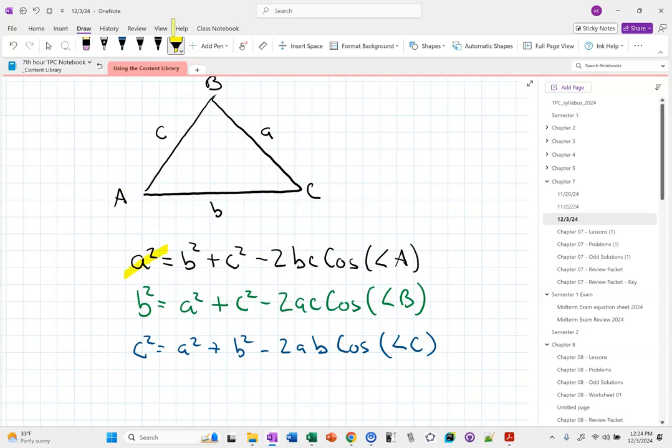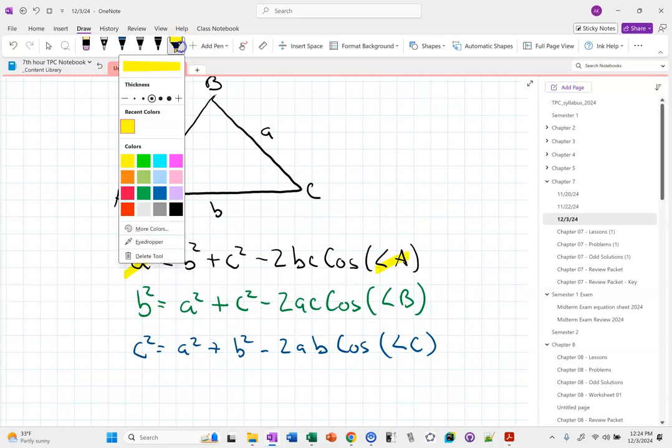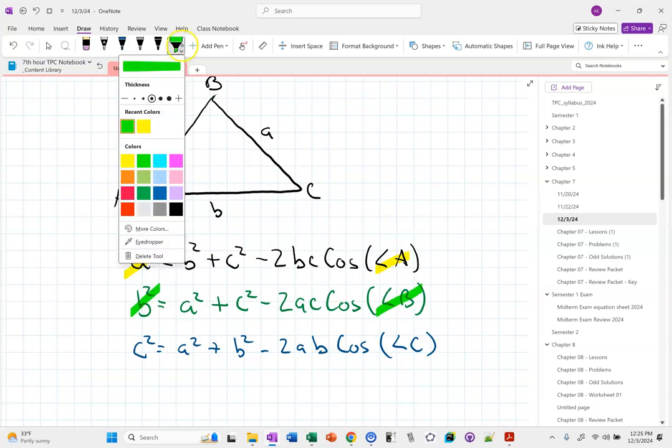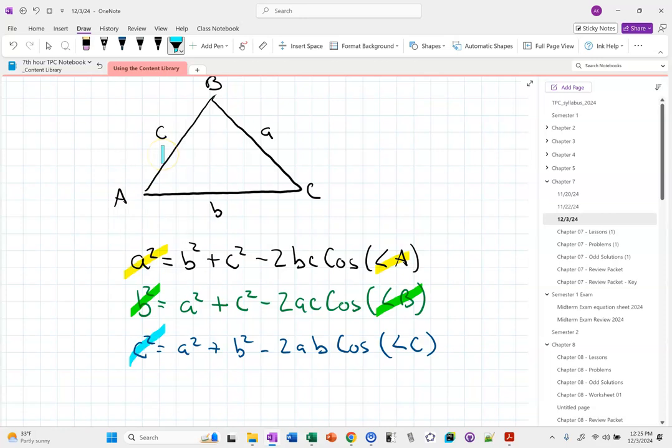The thing to take away here, or that you want to be aware of, is that the side you're solving for has to match up with the angle and the cosine, right? So if you're solving for side a, you need to use angle A. If you're solving for side b, you need to use angle B, etc. The other pieces just fill in, right?